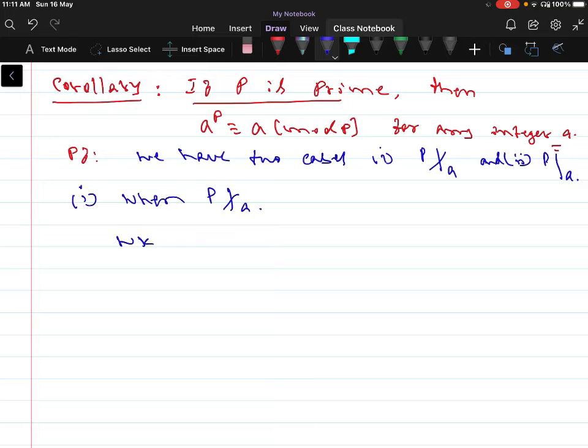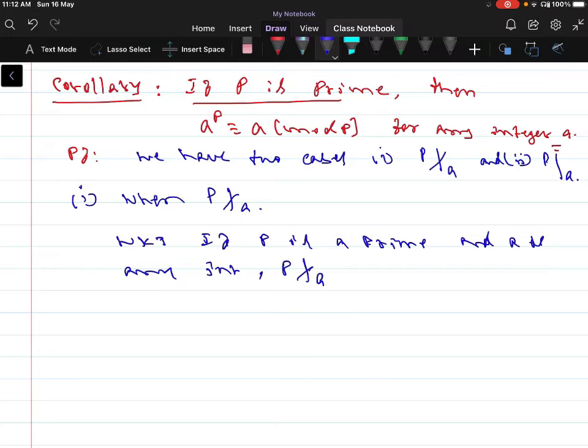We know Fermat's theorem: if p is a prime and a is any non-zero integer, and p does not divide a, then a to the power p minus 1 is congruent to 1 modulo p.